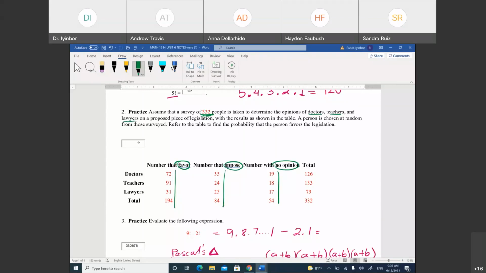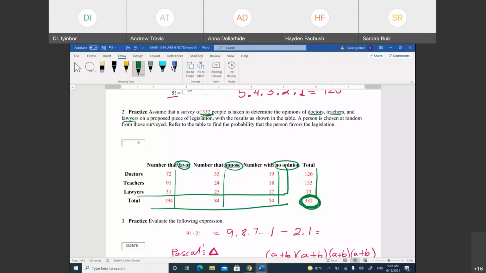So these are the totals, and this is the grand total. When you add these totals, you're going to get 332. When you add these three numbers at the bottom, they give you 332 also, and these three numbers give you 332. So this is the number of survey people. And you have how many doctors favor, how many teachers favor, and all this information is given.